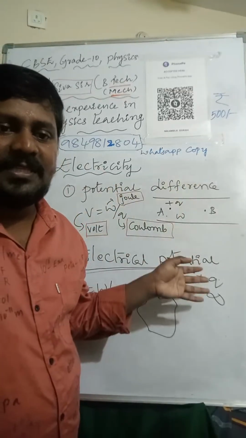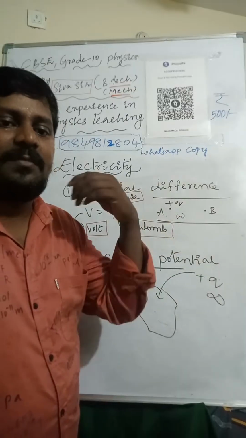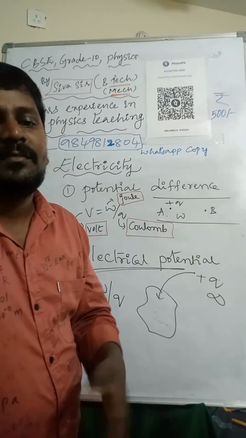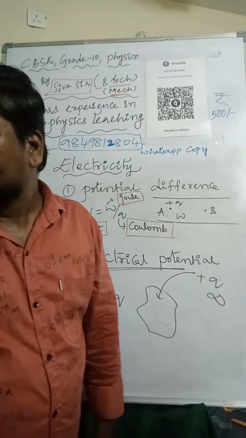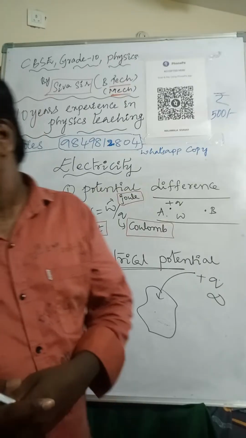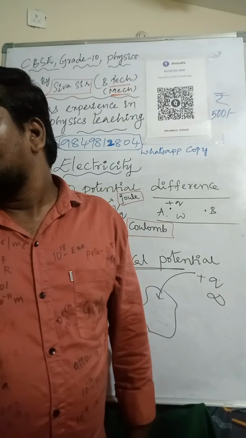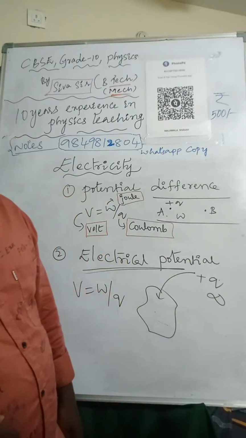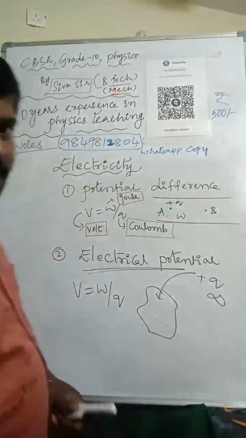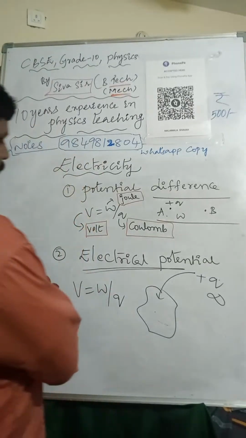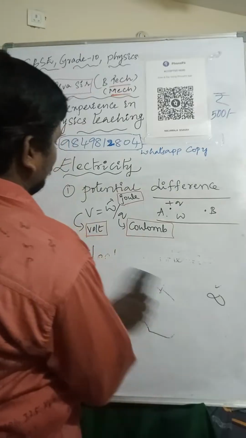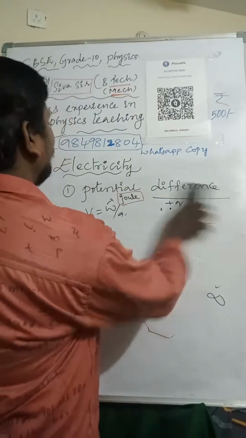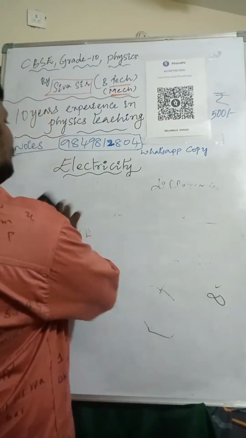Remaining everything will be the same. The SI unit is the same. Clear? Now we'll go with the next one, Ohm's law. Shall I explain Ohm's law? The SI unit I already said, no? 1 volt equal to 1 joule per 1 coulomb.